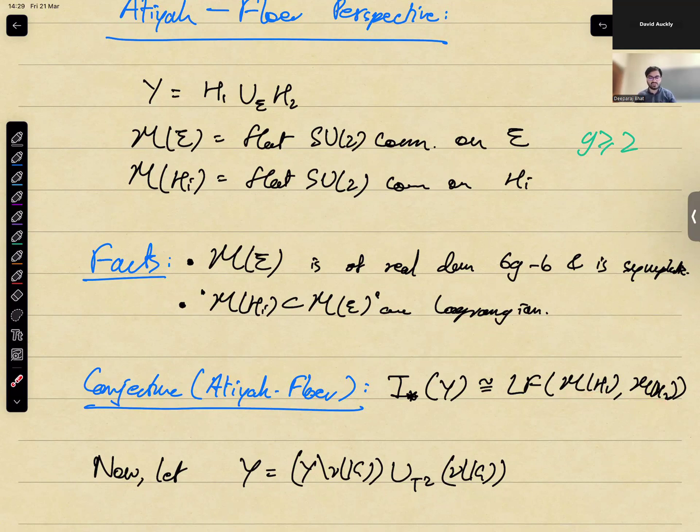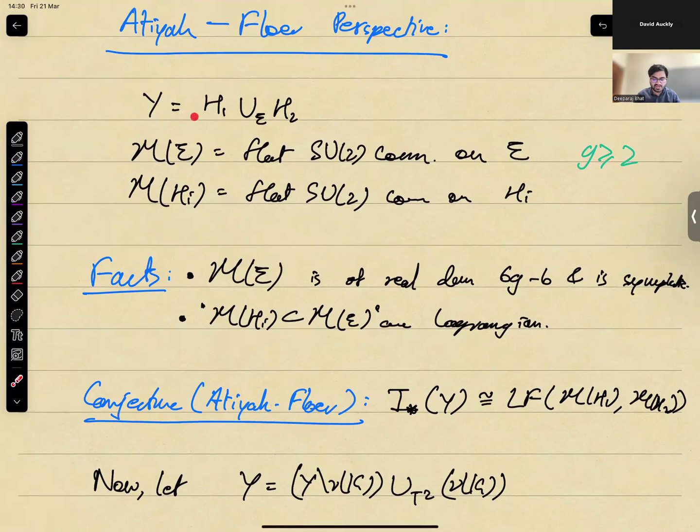Now, what we'll do is try to go beyond the original context of the conjecture. In the original conjecture, you needed these to be handlebodies, and you needed the genus to be greater than or equal to 2. Instead, we'll dispense with all of that.